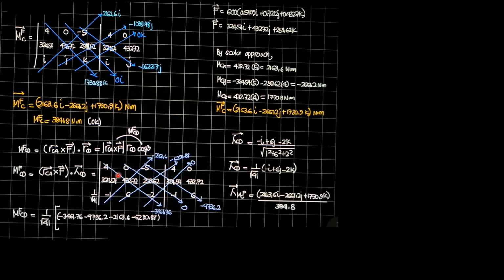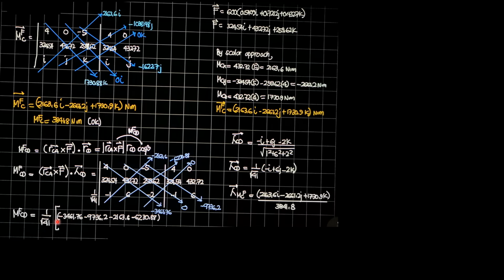So getting the product, this product is negative 3461.76, 0, negative 9736.2, then that's negative, so positive, then because that's negative direction, it's still negative, negative 2163.6, this is negative also, negative direction, negative 6230.88, and 0.